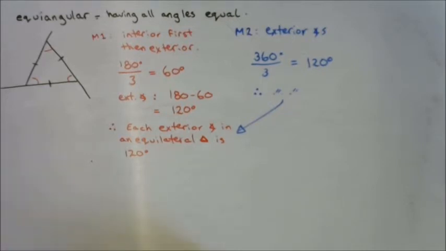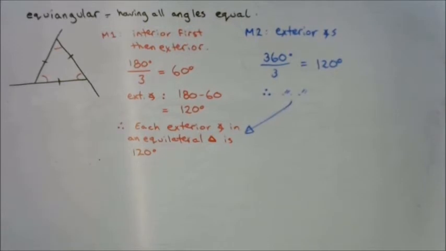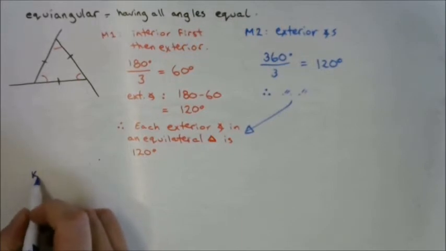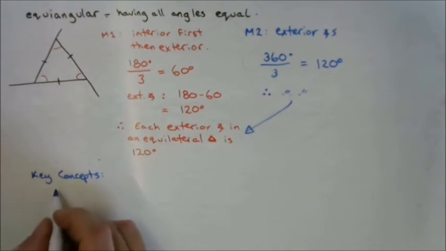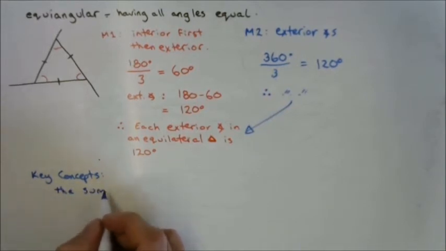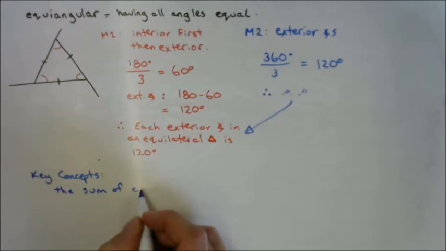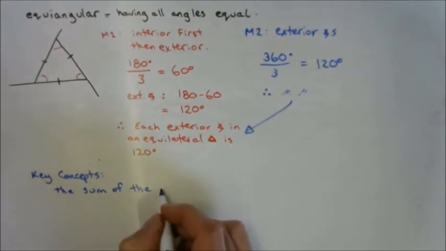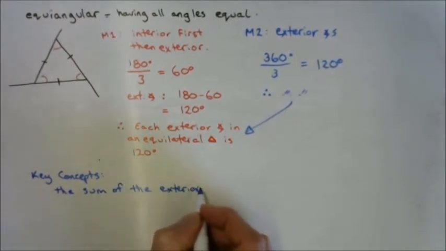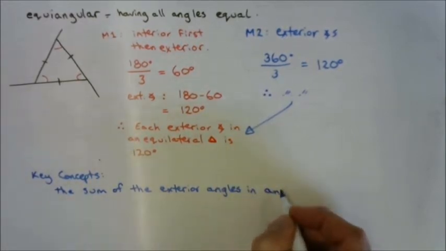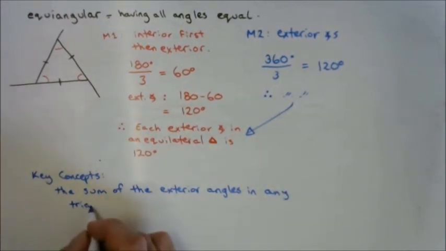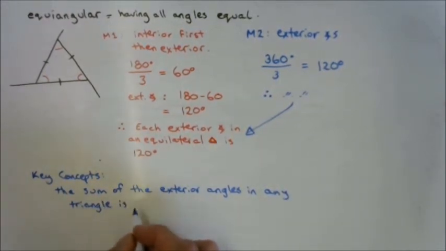Okay? That's awesome. If you have a little space on the bottom, just very, very quick key concepts. The sum of the exterior angles in any triangle is 360 degrees.